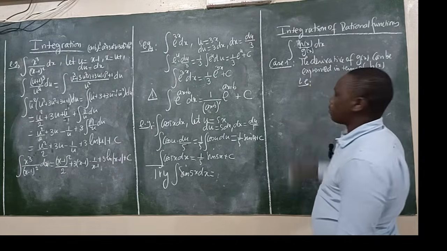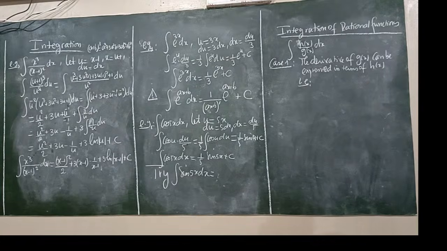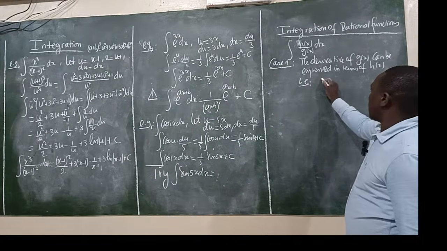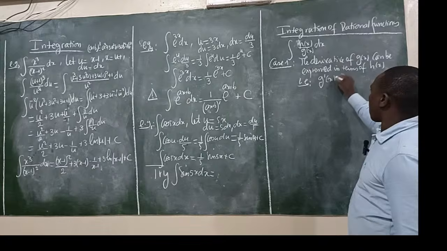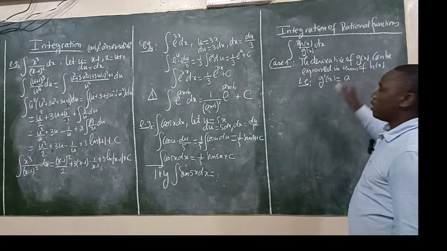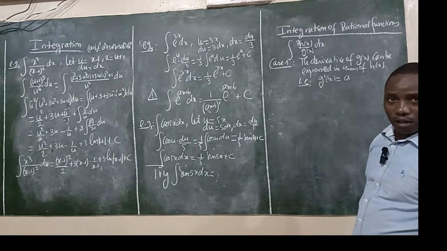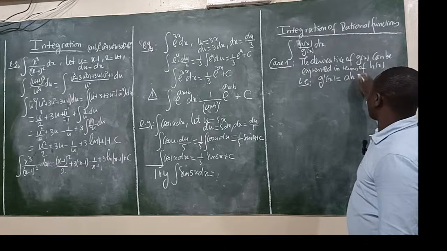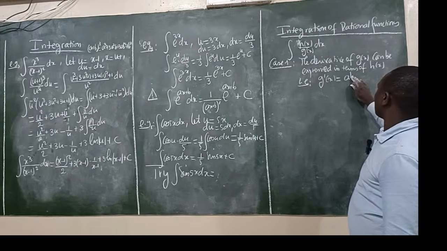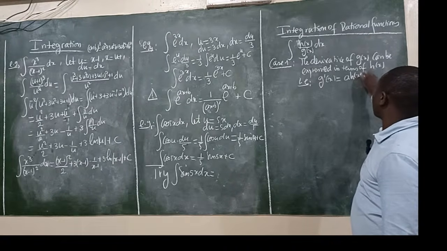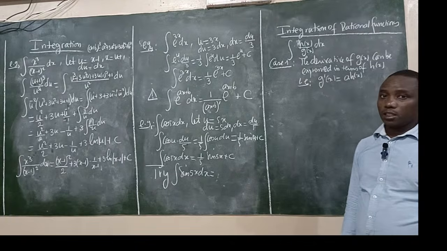This is to say, g'(x) can be a number n times h(x). This is what we are going to do.